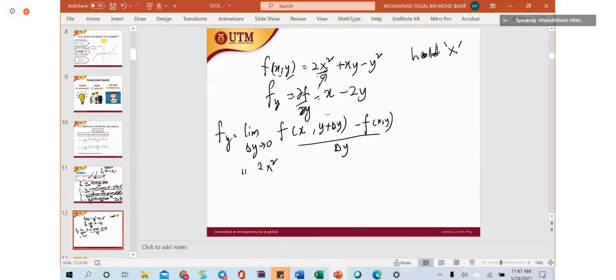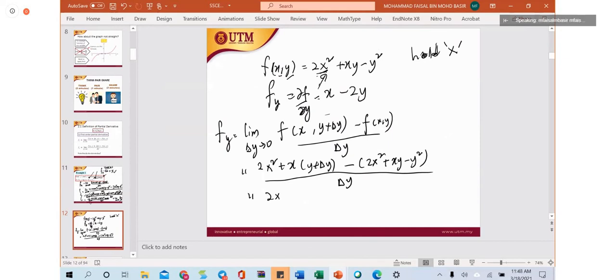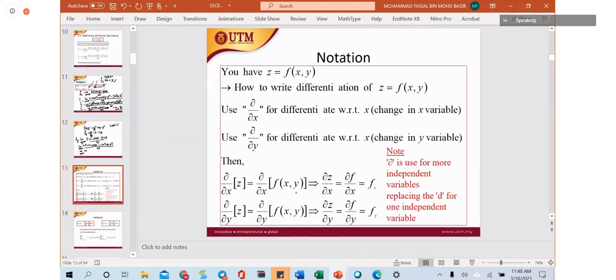But for y, we have to add y plus delta y. Don't forget the bracket. So this remains. Don't forget to put the limit.